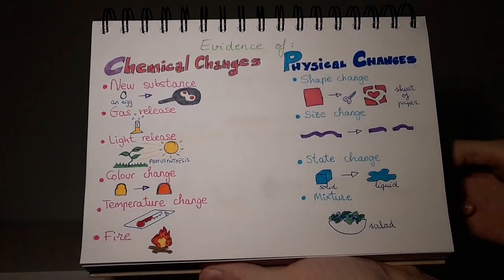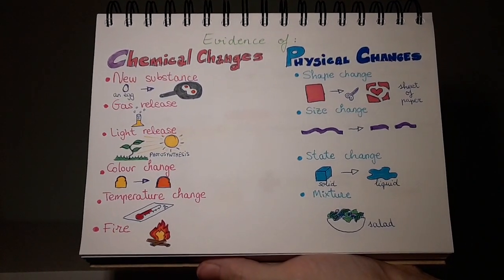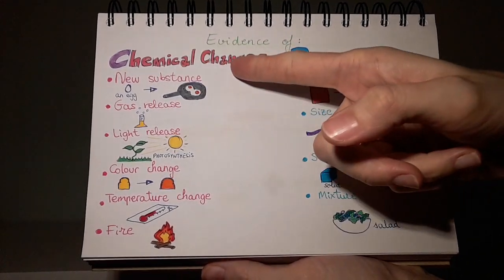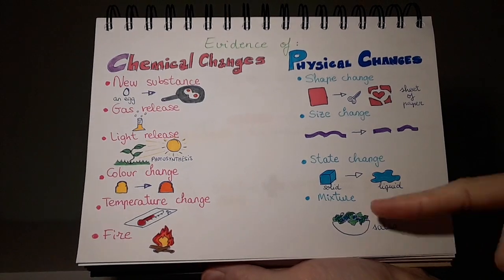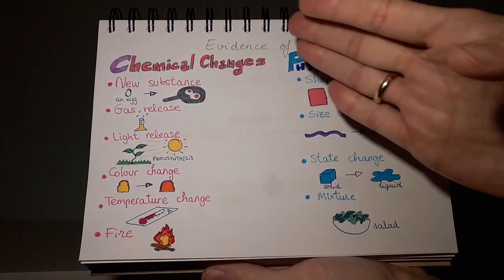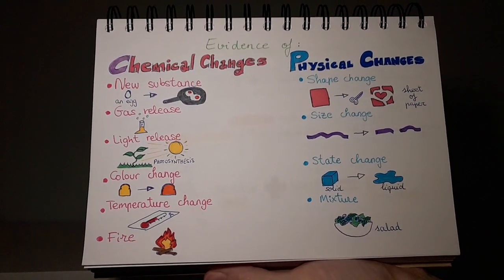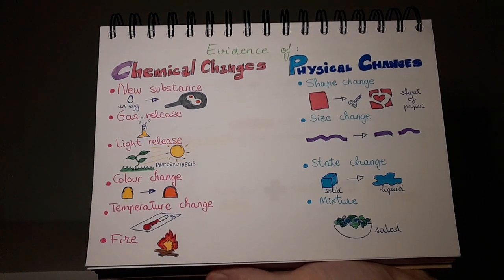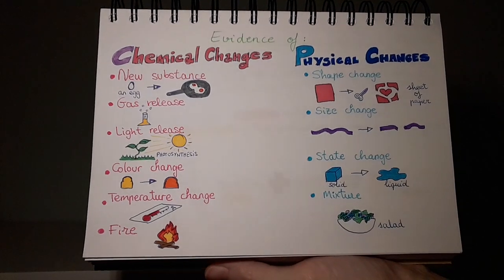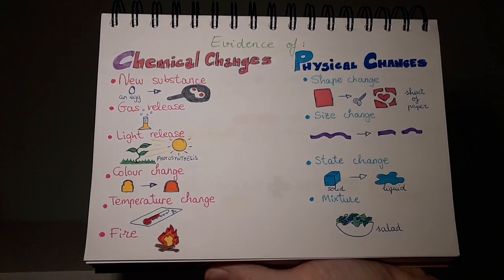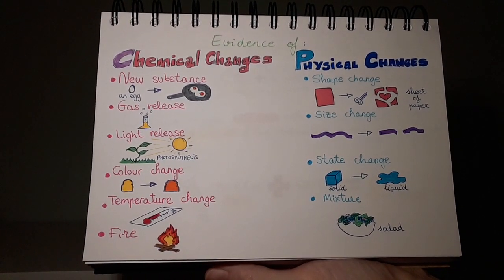Okay, here you have some evidence of chemical changes and physical changes to differentiate them better, okay? So here you can see different examples of both groups to differentiate them properly.